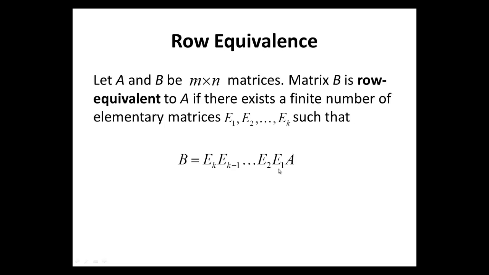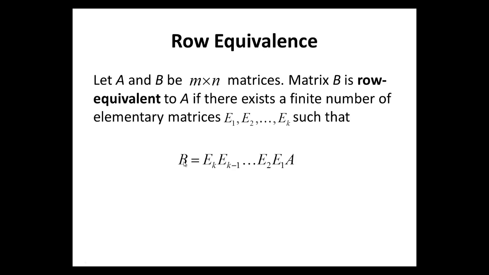The first elementary matrix E1 is multiplied to A. That will cause the same elementary operation that we performed to get E1 to be performed on A. Then E2 is multiplied on this new matrix created, performing the same elementary operation that was performed to get E2, and so on and so forth, and our final result is B.